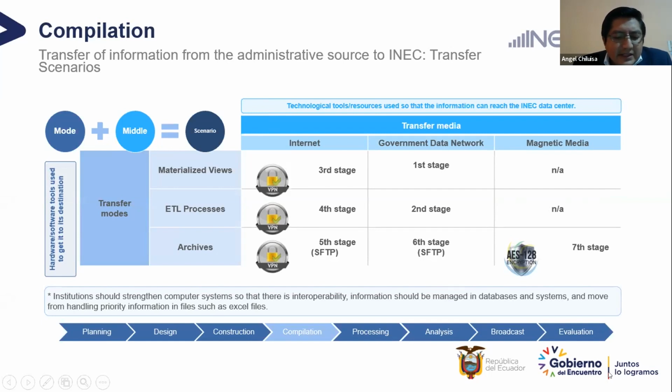Scenario number 1 is the ideal, since it uses the government data network and also uses materialized views. In the second data transfer scenario, we use the government data network and ETL process, and so on, successively in function of the resources of each institution.